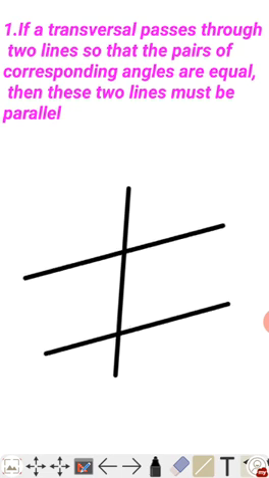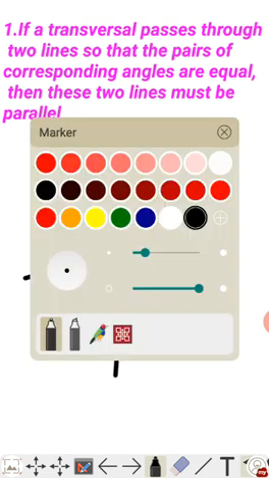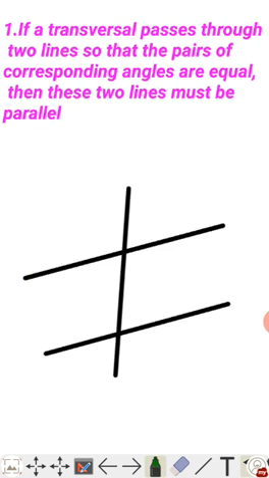Here I have drawn the transversal which intersects the two different lines at two different points. As you can read here, the pairs of corresponding angles are equal. If the pairs of corresponding angles are equal, then you can say that these lines are parallel lines.